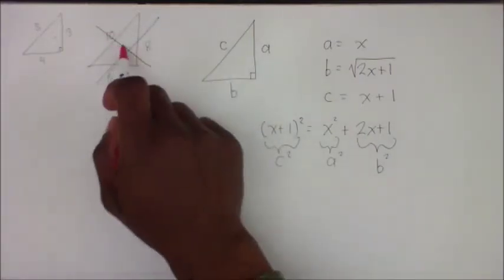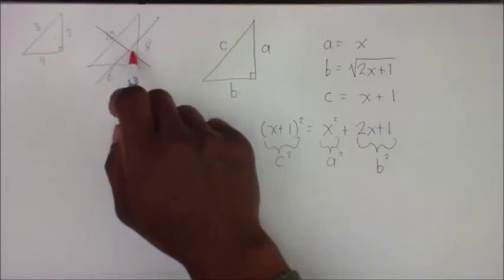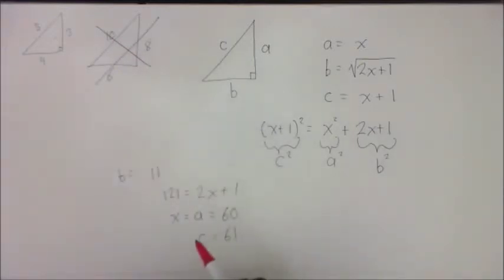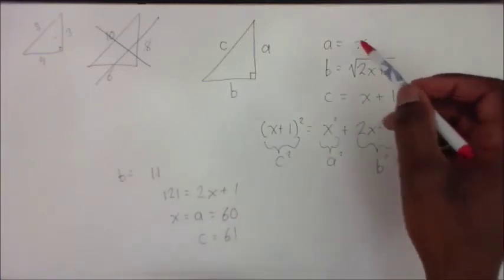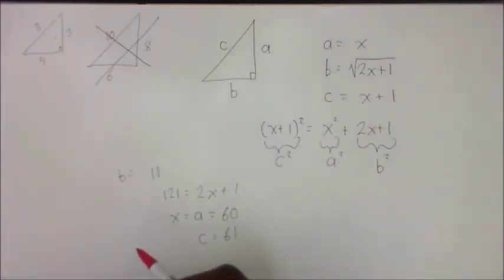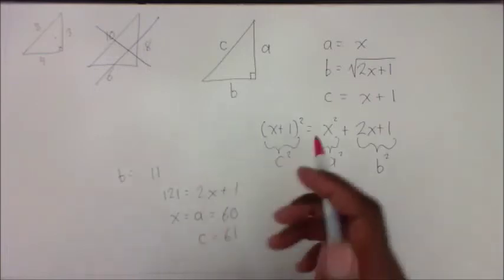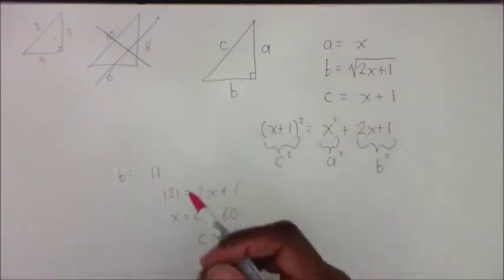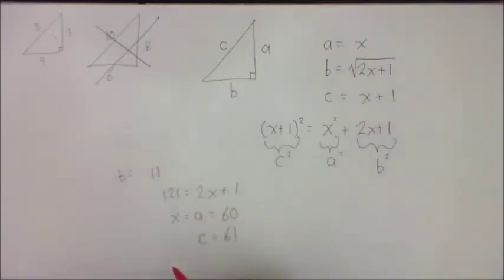In this case, 6, 8, 10 have a common factor of 2. Keep in mind that if two numbers differ by 1, in this case A and C, they cannot have a common factor greater than 1. So the triangles I just found cannot be a scale-up version of another Pythagorean triangle.